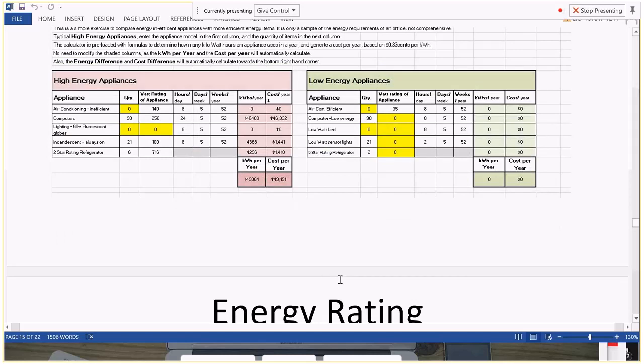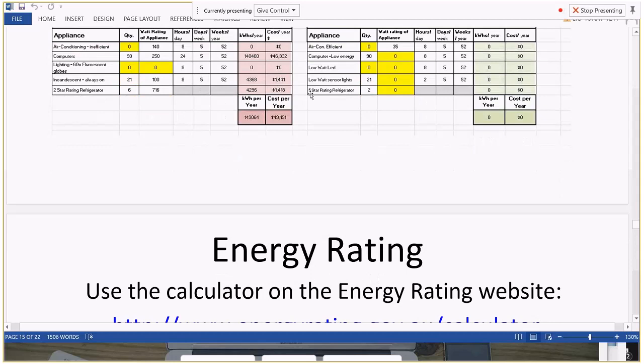It will tell you how many solar panels you need for your inefficient system, or how many solar panels you need for your efficient system. Once you do all that, and then you calculate how many solar panels you can actually fit on the roof, it will give you a bit of an idea of can you run an inefficient building from the sun, or do you have to upgrade that building to match the number of solar panels you put on there? It'll give you some insight into that.